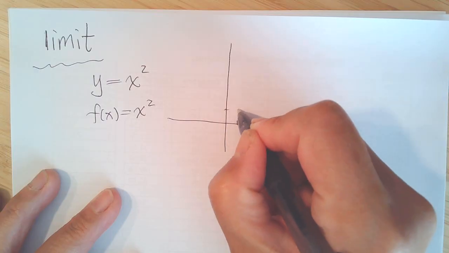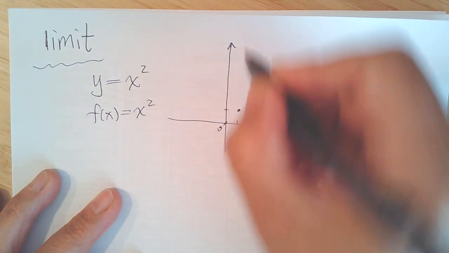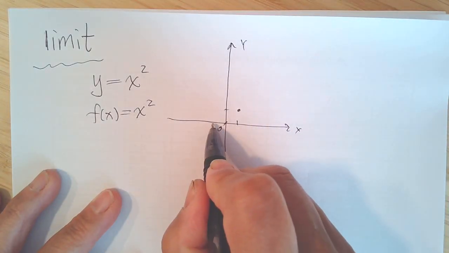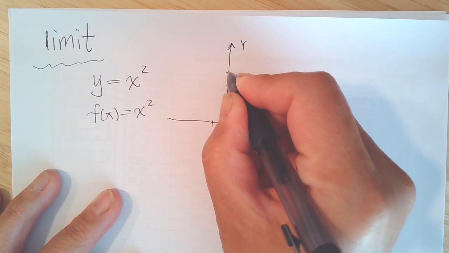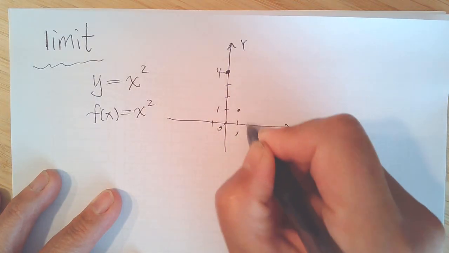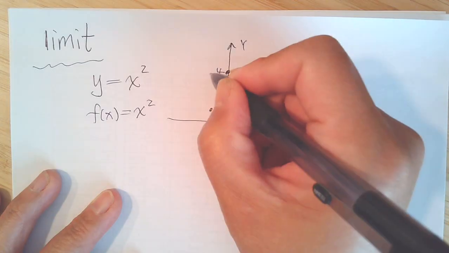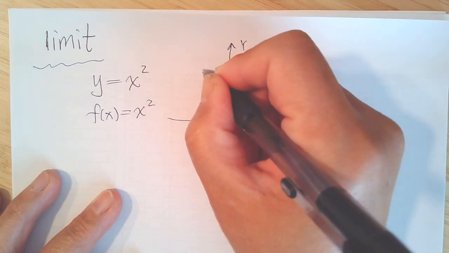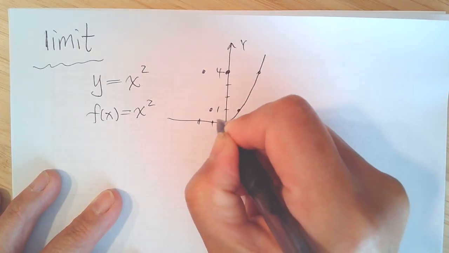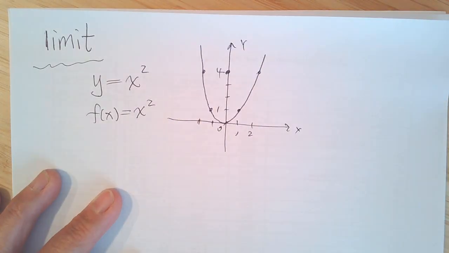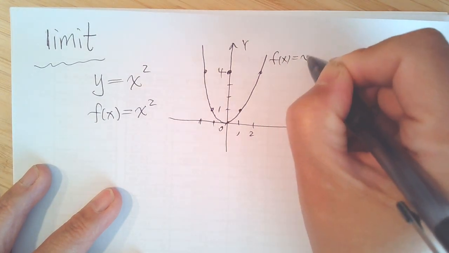There's (1, 1), (0, 0), and (2, 4), so (-1, 1) and (-2, 4). So you get 5 points, and you can connect them to get the graph. You should be really good at this after you learn precalculus. This is the graph of f of x equals x squared.